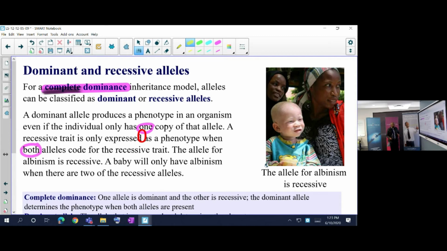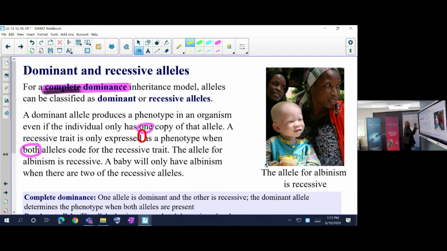That is very important. The allele for albinism, as an example, is a recessive trait, which means two recessive traits of albinism have to be expressed for one to be an albino as the phenotype. Are we following?